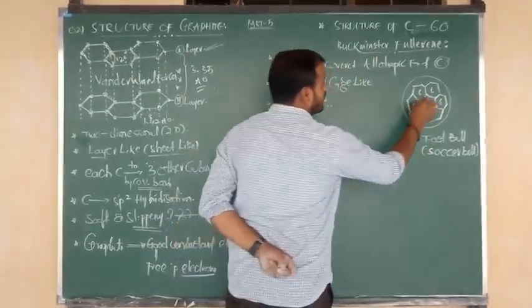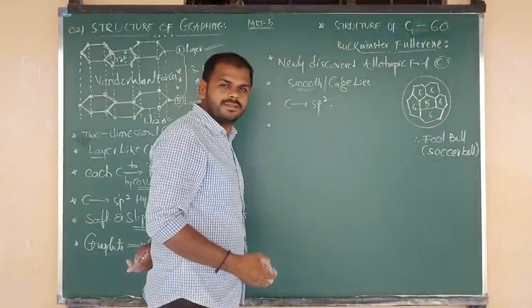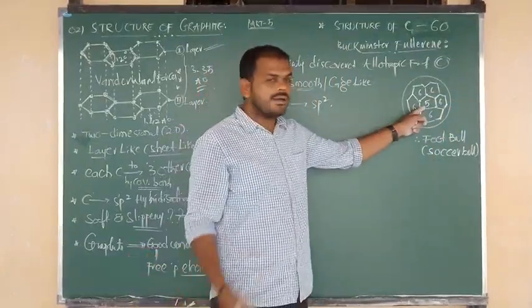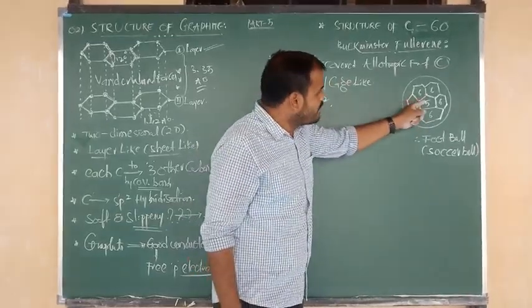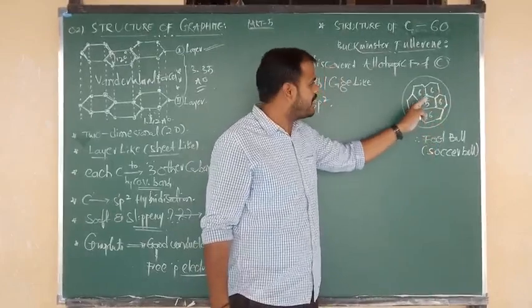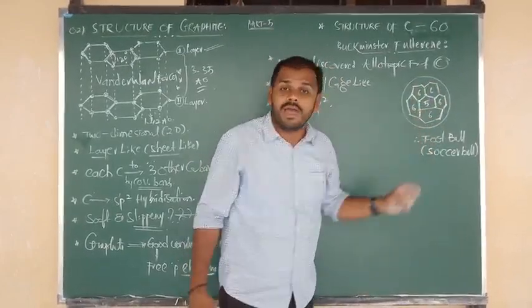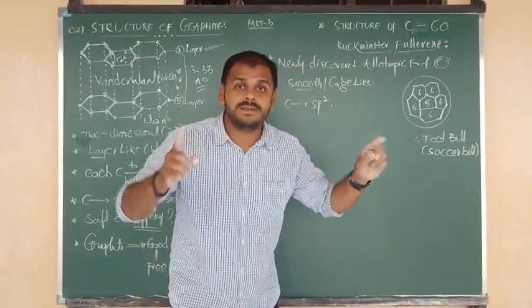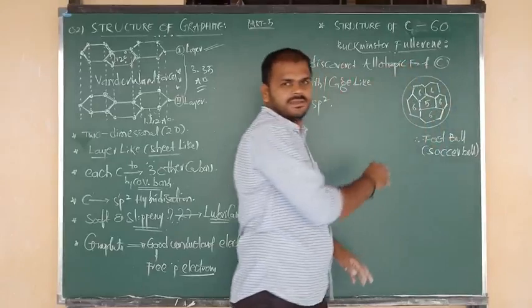So here how many carbons are there? 5 carbons are there. 1, 2, 3, 4, 5. We can say it is a 5-membered ring. A 5-membered ring is connected to a 6-membered ring, again connected to another 6-membered ring, again to another 6-membered ring. Around a 5-membered ring there should always be only 6-membered rings.